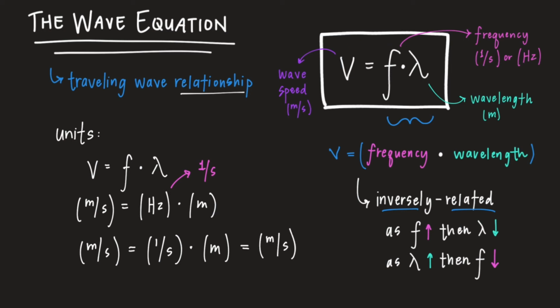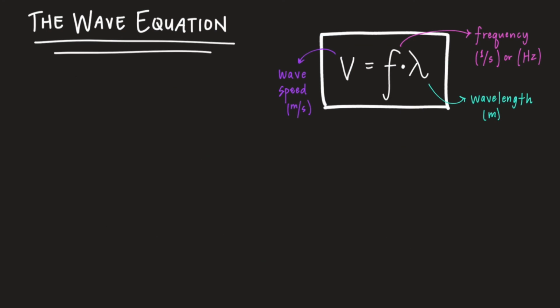Right, 1/second times a meter is a meter over seconds. So all I'm doing here is just proving to you that this is a valid equation, right? That meters over seconds from our wave speed is equal to meters over seconds, which comes from our frequency, 1/seconds, times our wavelength in meters. So that's just one way we can evaluate the wave equation.